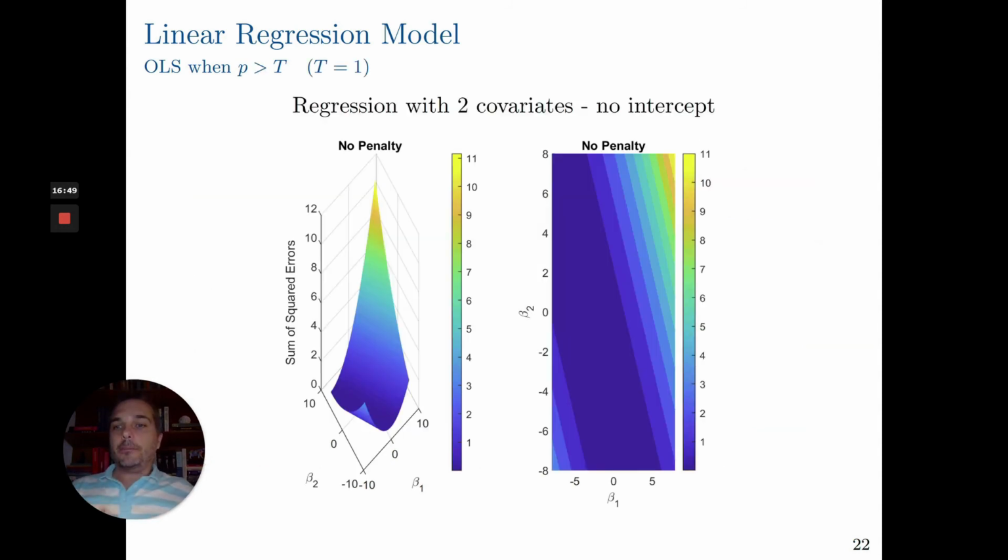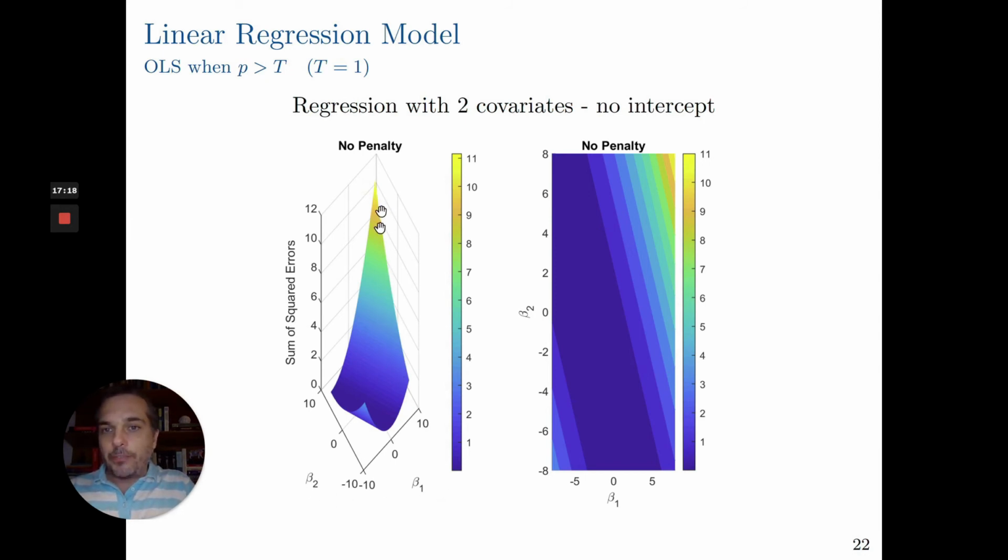Now imagine the case where you have two covariates, no intercept, one observation. So you have more variables than observations. So you want to fit a hyperplane with just one point. If you look here, that's the sum of square errors as a function of beta 1, beta 2.